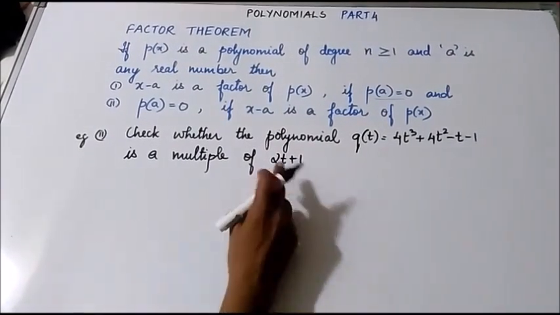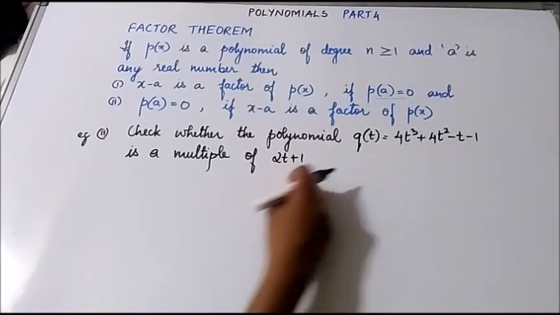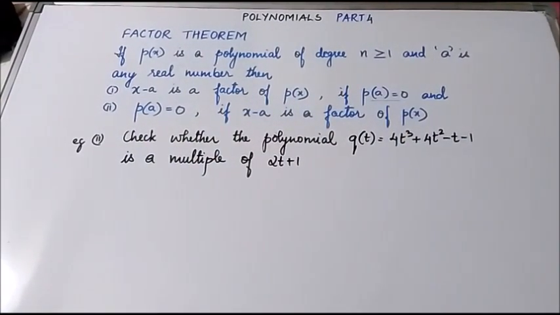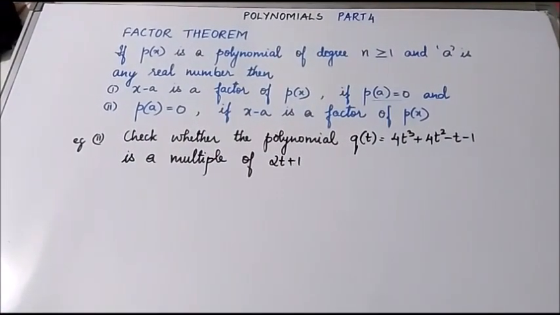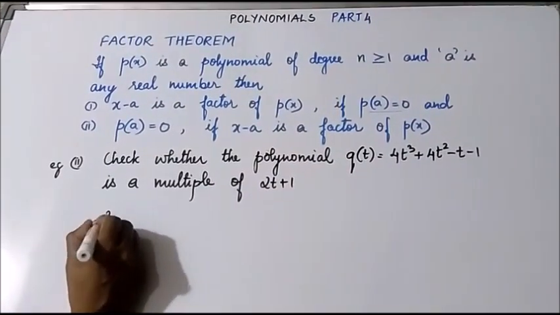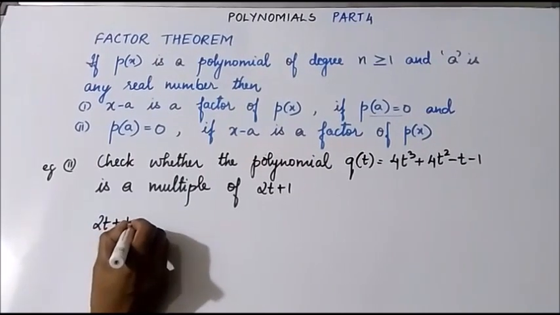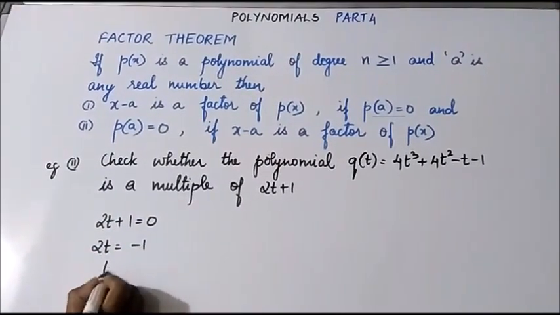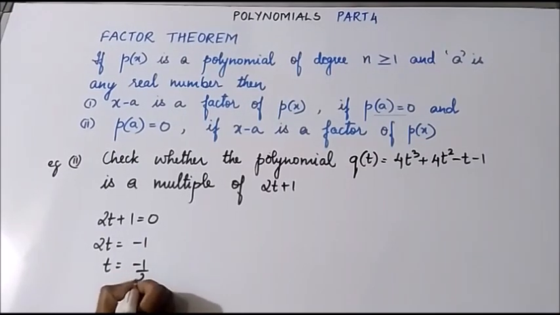Or we can say we have to check whether 2t plus 1 is a factor of the given polynomial. So for that, first let us find the 0 of 2t plus 1. Here you will get 2t is equal to minus 1, t is equal to minus 1 by 2.